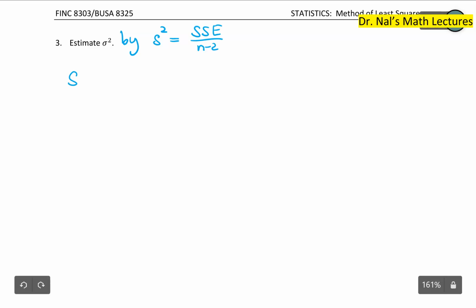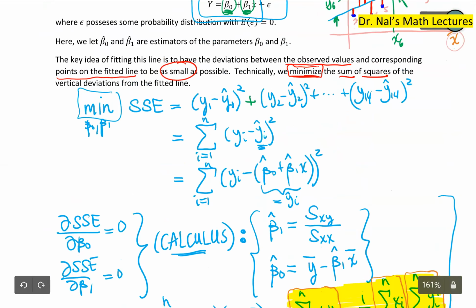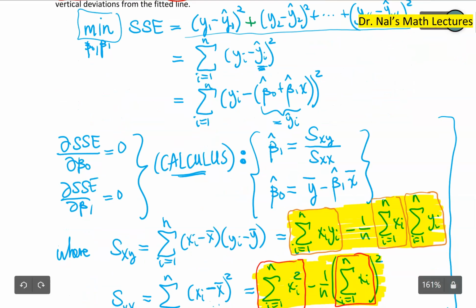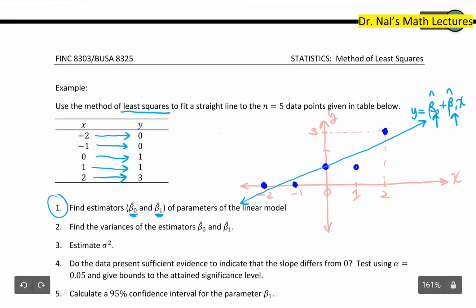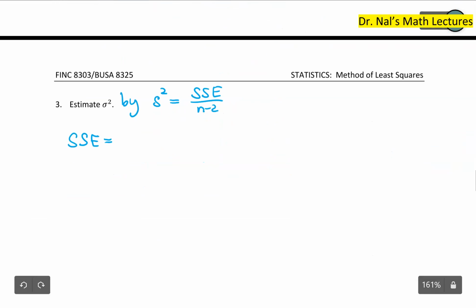So how do we calculate SSE? Well, you just plug it into the equation. Remember at the very first step how we described SSE. SSE is just the sum of all these values. In our case, we have 5 data points. One by one, we can calculate y1 hat. We already know y1, y2, y3, those are the given data points. There's a really fast way to do it, and I'm going to do it that way.